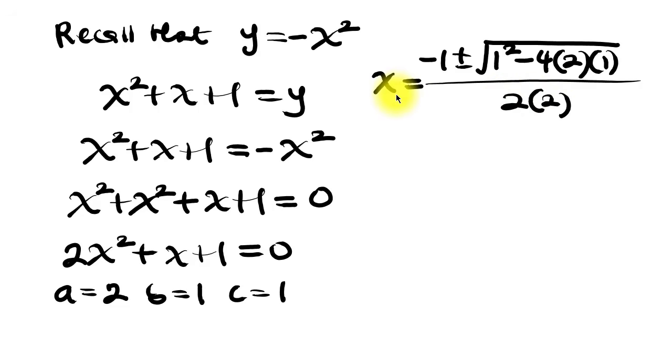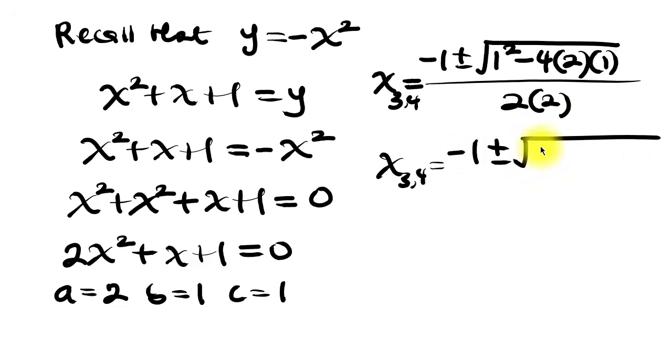So this is going to be the third and fourth values of x. So x now becomes negative 1 plus or minus the square root of 1 minus 4 times 2 times 1, that will be 8, all over 2 times 2, that is 4.